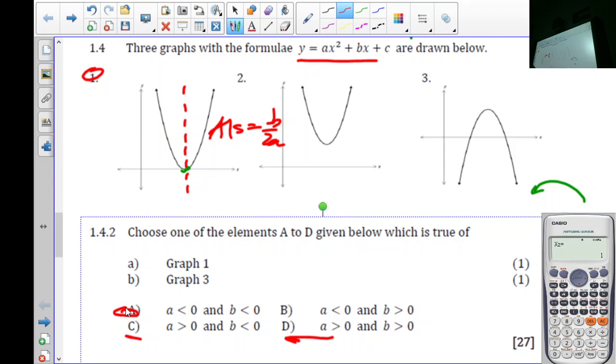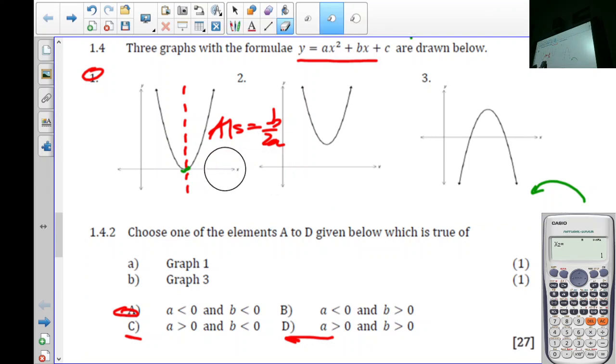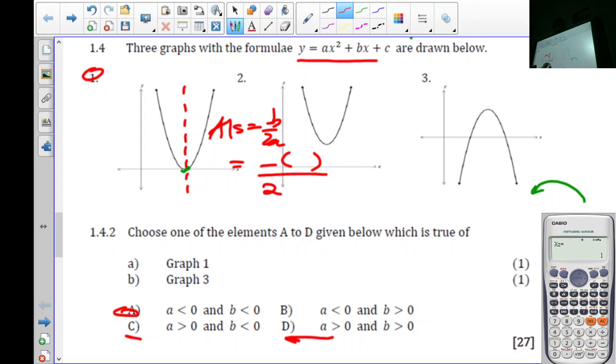We know that a is positive, as you can see the graph has a minimum.